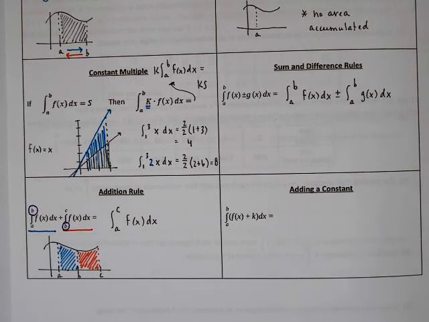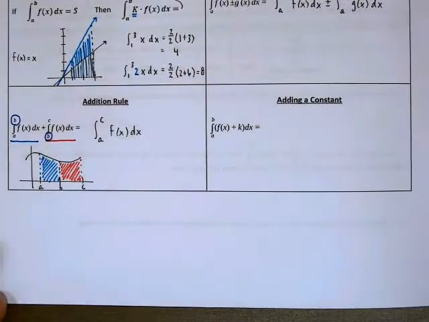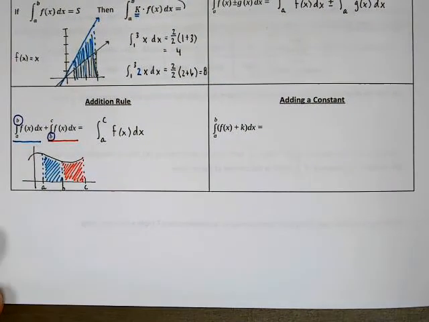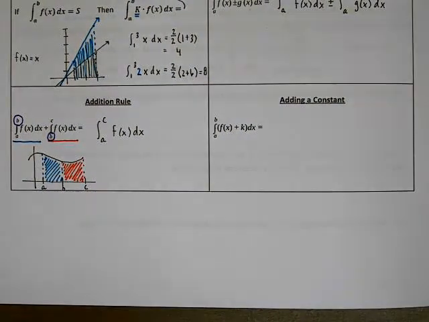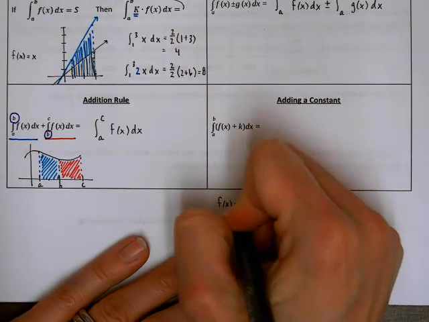All right, the last one is probably the hardest to kind of visualize, and so I'm going to do my best to do a picture here, and then we'll also talk through it in class. So here's the idea. I'm going to start with an example. So again, I'm going to use my function f of x equals x.